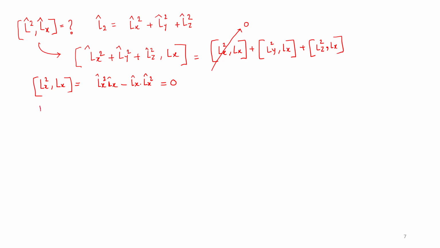What about the commutator of Ly square with Lx? Let's look, it is different from the previous one. It is Ly square Lx minus Lx Ly square.